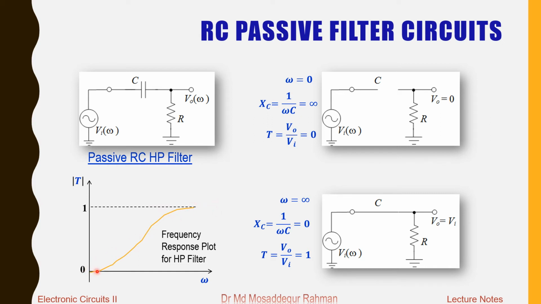So as you increase the frequency from 0, the transmission will start rising, it will keep rising, and it will approach 1 or 100% transmission at very high or infinite frequency. So that is how the frequency response plot will look for this high pass filter.